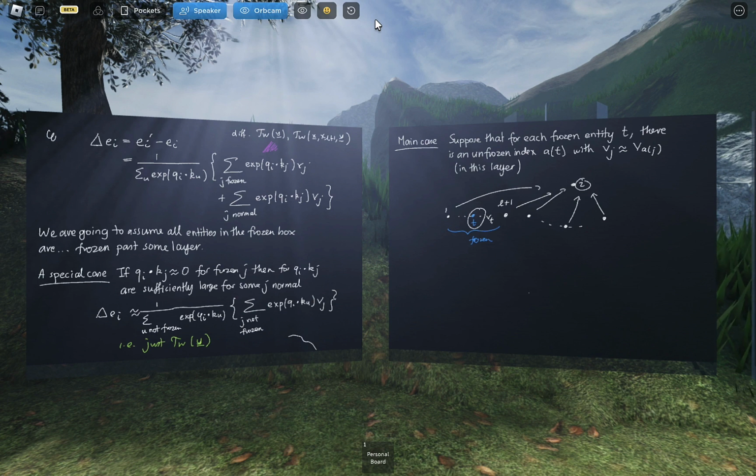I'm supposing that in this particular update, there's some entity over here, j, whose value vector is close to that one. Right, so that's j is at. I have some idea how you might weaken this hypothesis, but we're going to stick with that for the moment. Is it clear what I'm assuming?